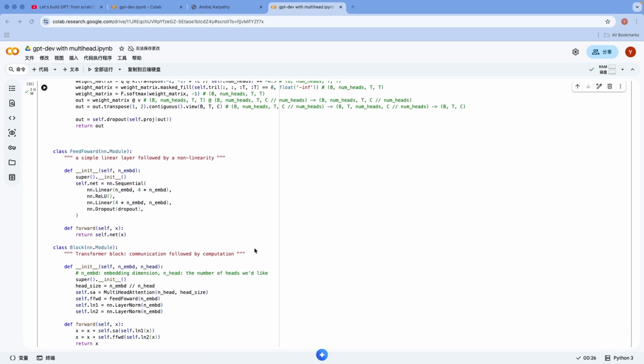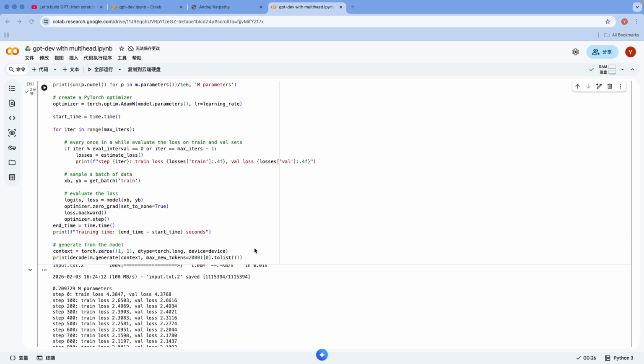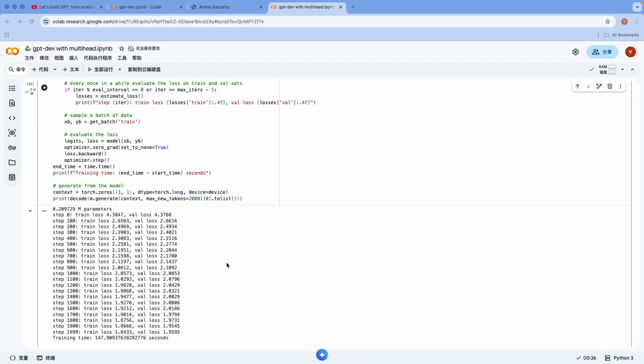I use the same structure for the first GPT transformer decoder. We just use our new parallel multi-head attention layer.